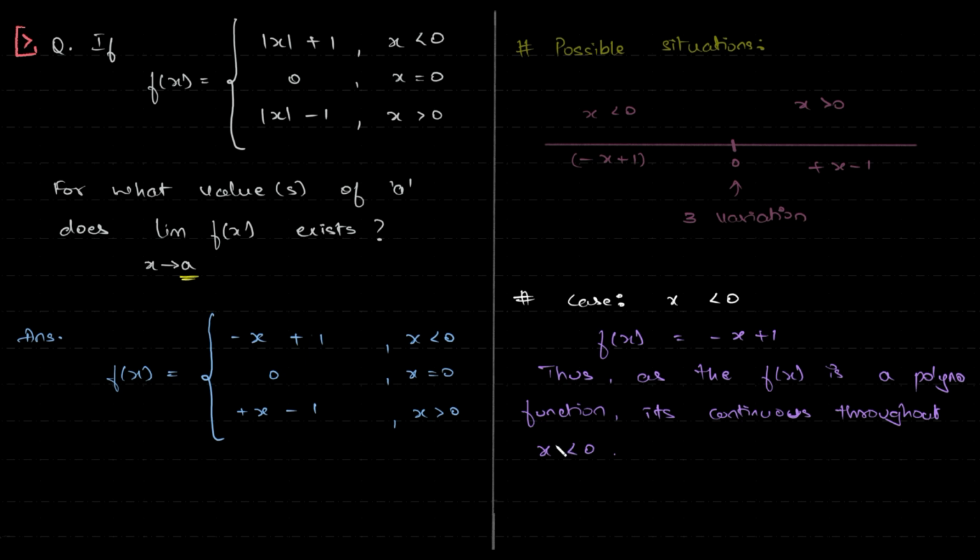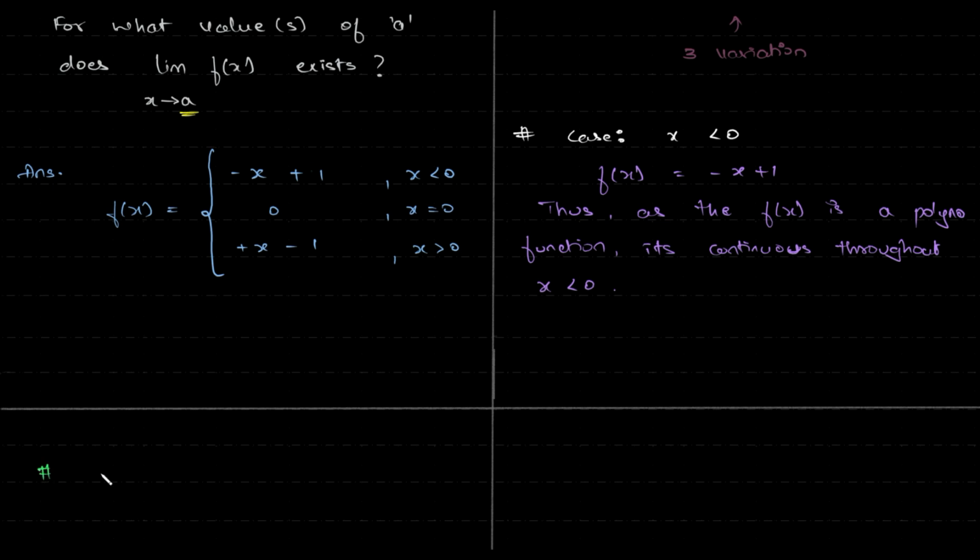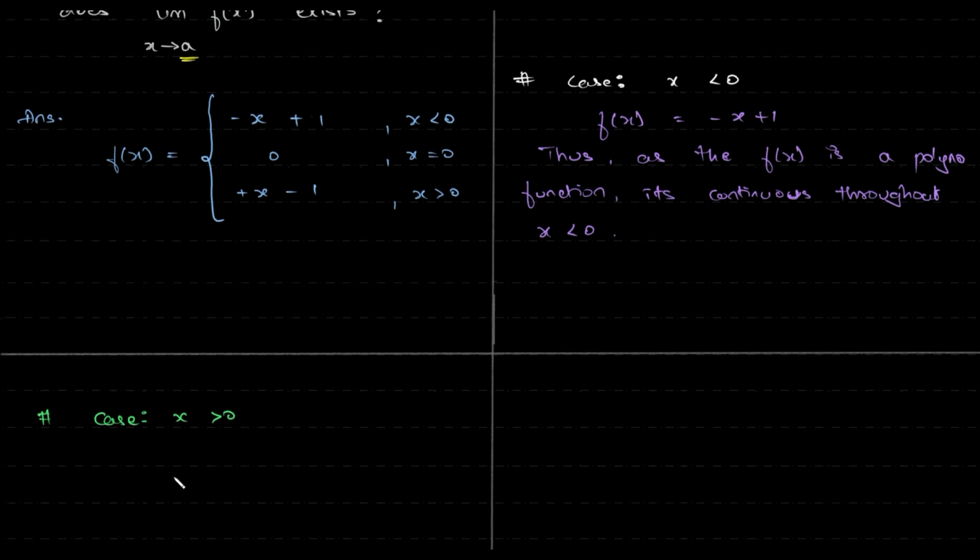Now next is your case x greater than 0, and in this case we have f of x is equal to a particular expression, and so we can write the same thing, which I'm not going to write.